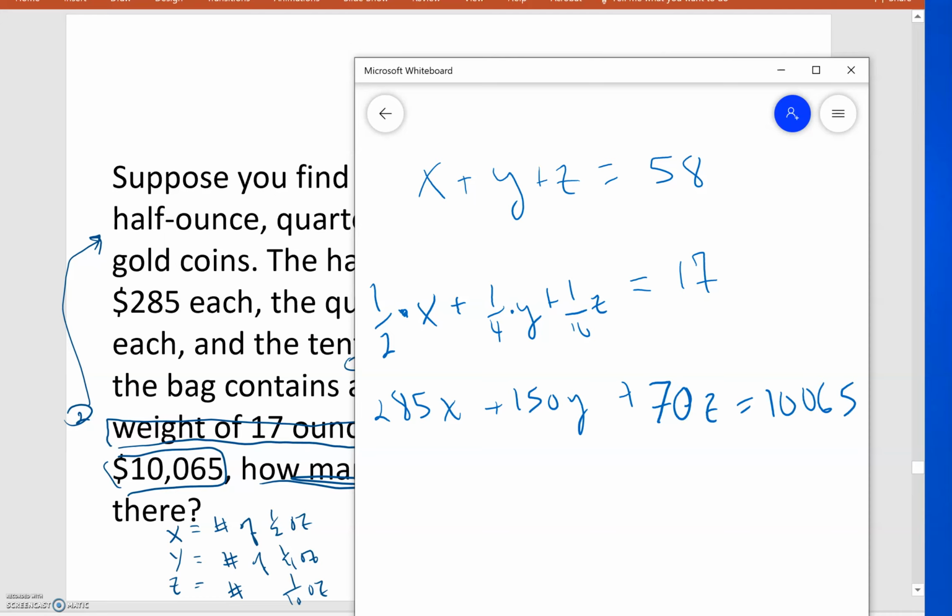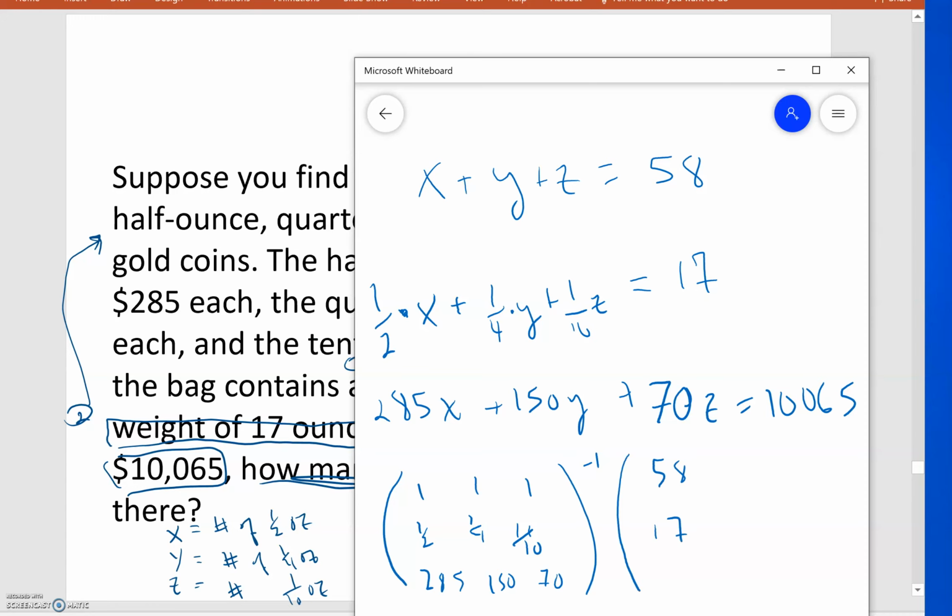Okay, there's our system. Now from here, we can get the coefficient matrix, which is 1, 1, 1, 1 half, 1 fourth, 1 tenth, 285, 150, 70, and ultimately what we will do is take the inverse of that matrix and multiply it by 58, 17, 10,065.